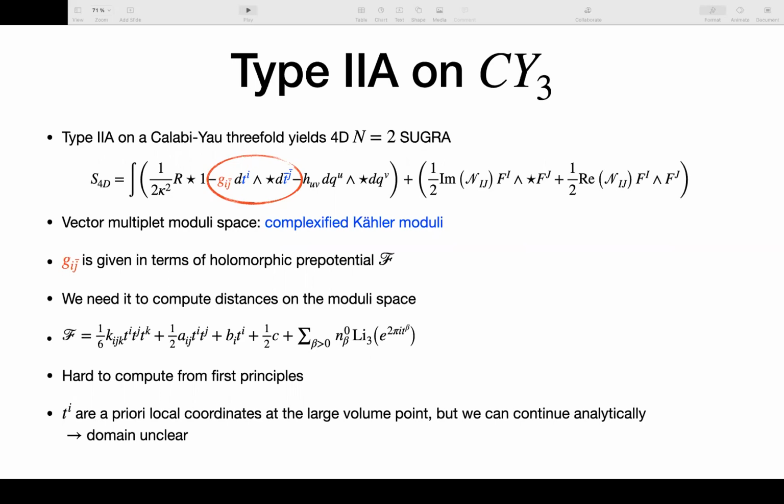Now, the prepotential receives tons of corrections in N=2, at least in type 2A, and in type 2A it's hard to compute from first principles. Furthermore, the t^i are only local coordinates at the large volume point. And while we may be able to analytically continue to very small volume values of the t^i, from the point of view of the large volume point, the domain of the t^i is a bit unclear.